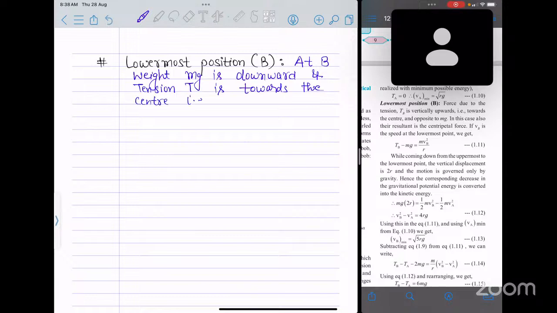That is, mg and tension at point B, TB, are in opposite direction to each other.